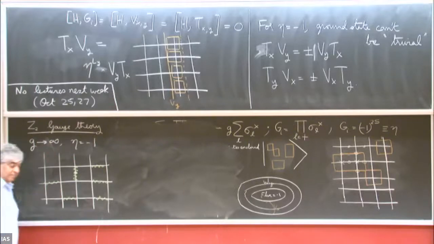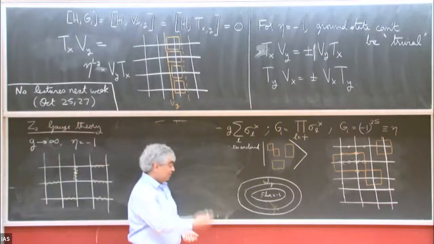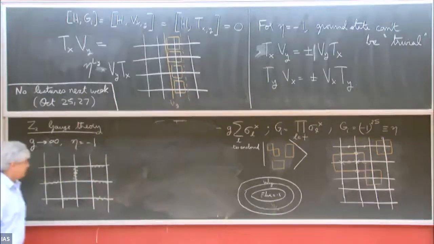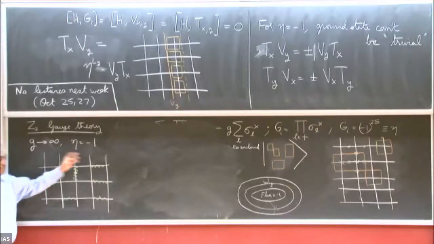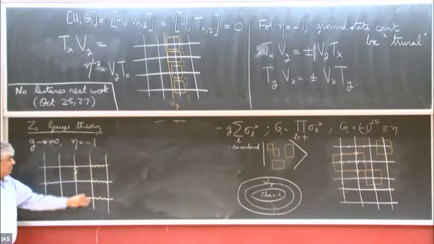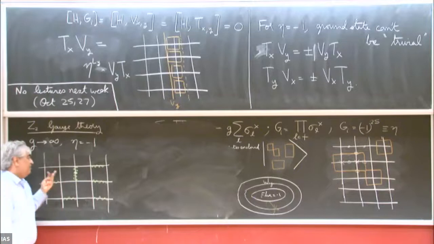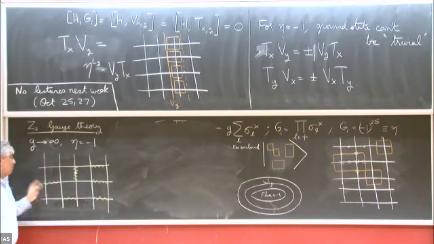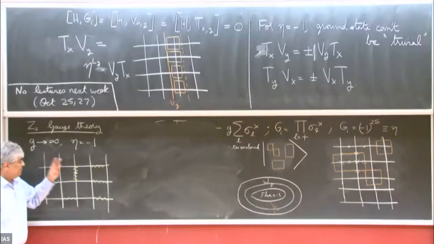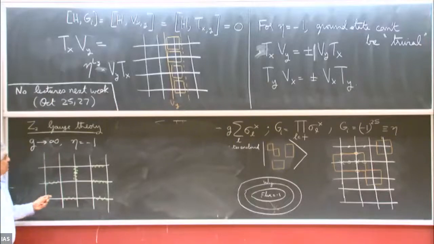What happens at very large but finite G is a very complicated question that involves doing some kind of effective theory of fluctuations among these dimer configurations. You have to write an effective Hamiltonian on this space, which is called the quantum dimer model. What we know is that for both the triangular and the square lattices, the leading terms as G goes to infinity are such that the ground state breaks a symmetry.